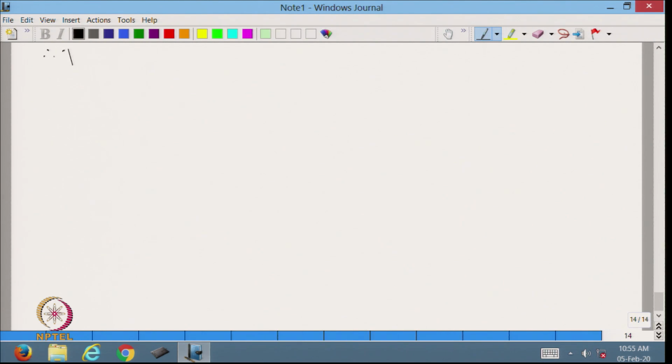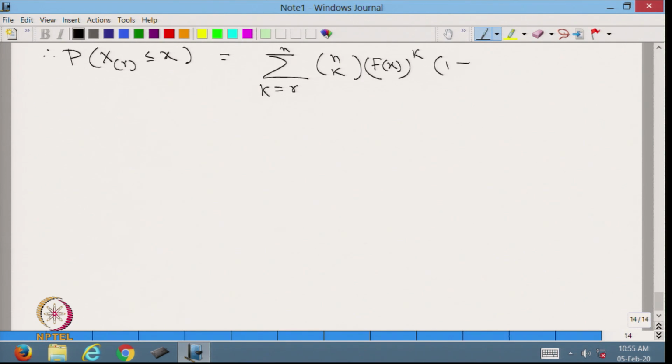Therefore, probability x r less than or equal to x is equal to sigma over k is equal to r to n, n c k F(x) to the power k, (1 minus F(x)) to the power n minus k.